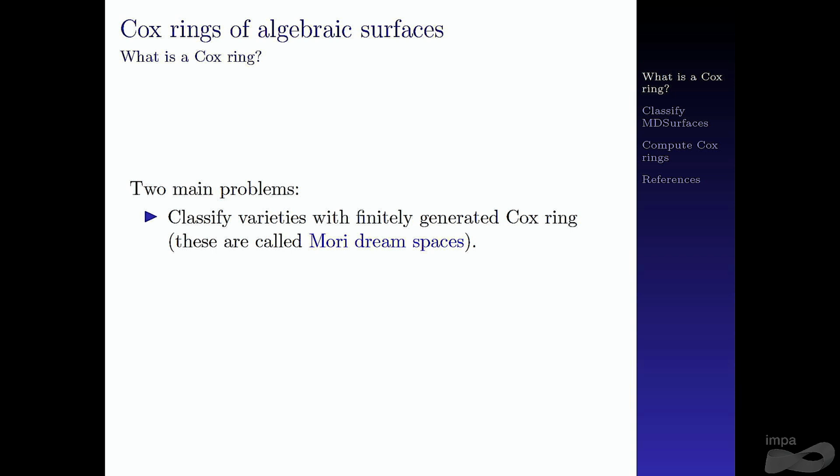Okay, so given this, there are of course two natural problems related to this. The first one is to classify varieties whose Cox ring is finitely generated. In the literature, these are called Mori dream spaces, for a reason which is quite deep. I will mention something later. And the second problem is to try to compute this ring, assuming, let's say, that they are finitely generated, but not necessarily.